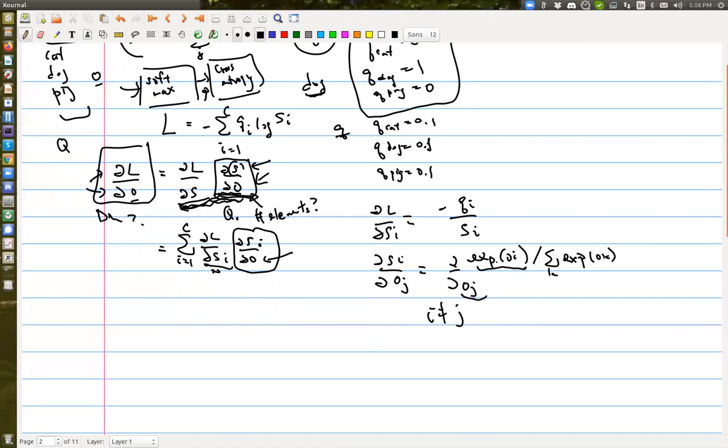I only have the partial derivative of 1 over the sum over exponential O_K. So I pull out this exponential O_i and then take the derivative of this with respect to O_j, over the sum over exponential O_K squared.